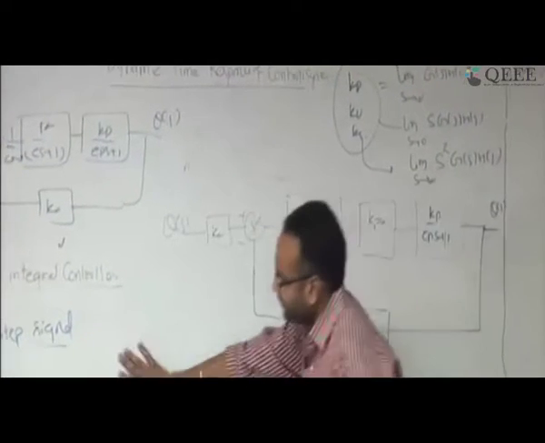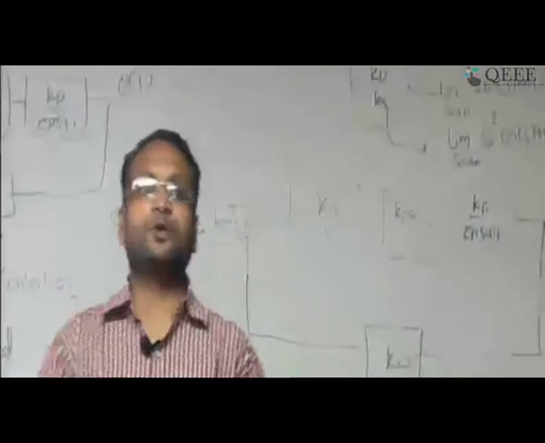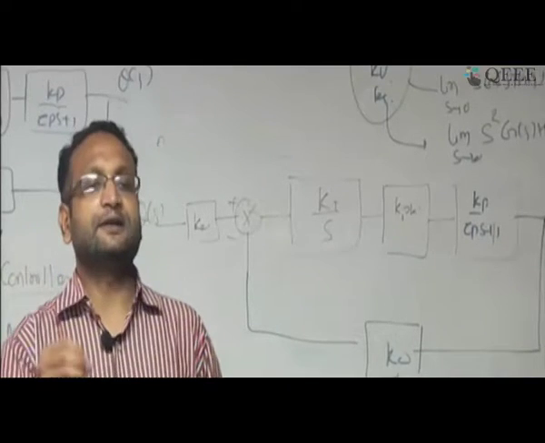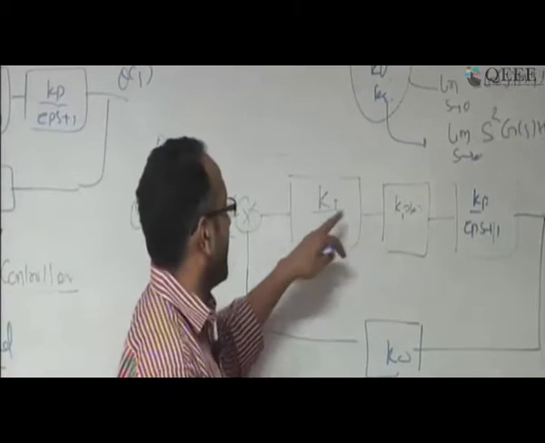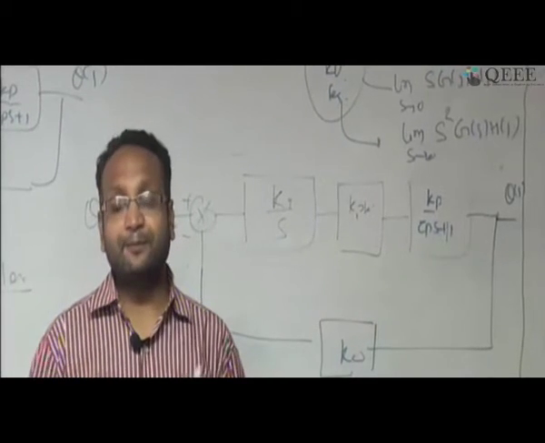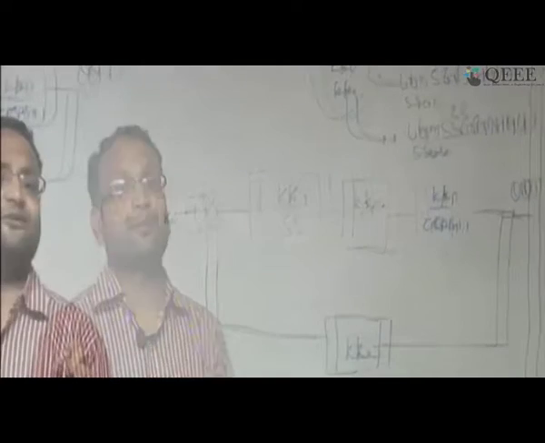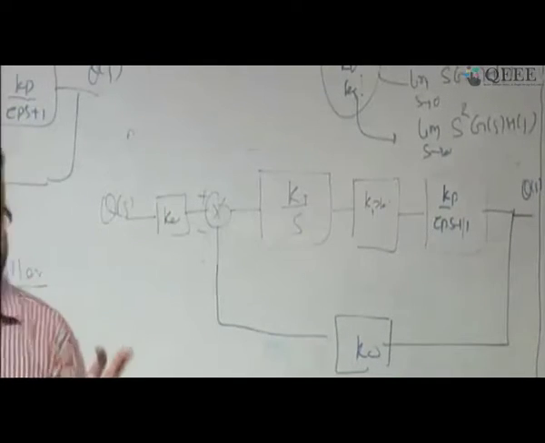So both these approaches lead to the same conclusion: by adding an integral controller, you get a steady state error of 0, irrespective of what constant ki you are using. That's the important thing. This would not have been possible with a proportional controller, where your system might become unstable. Is this clear?